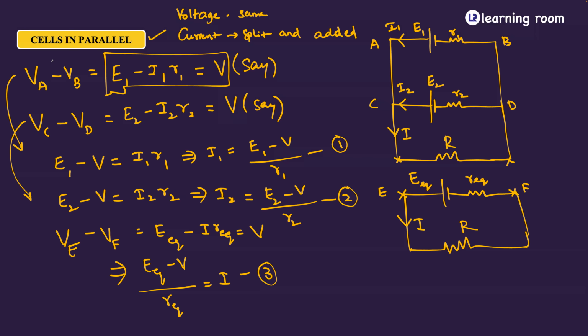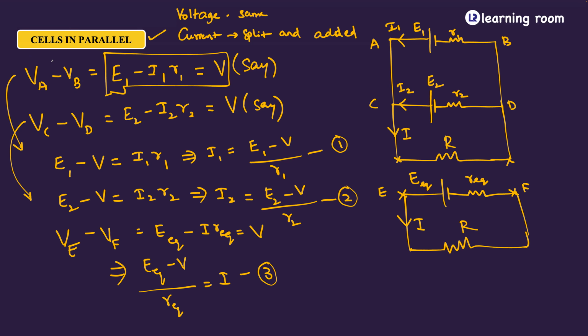Right? So we know that I1 plus I2 is equal to I, or I can write it in the reverse also. What is the value of I1? E1 minus V by R1. Now I will split this R1 to each term.